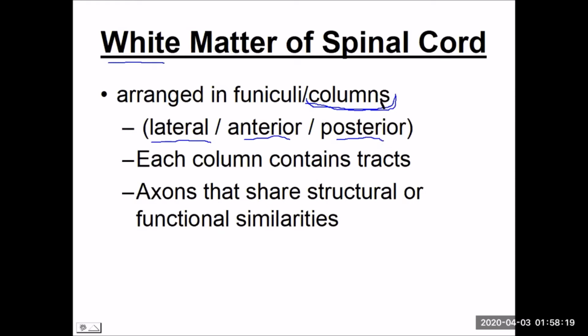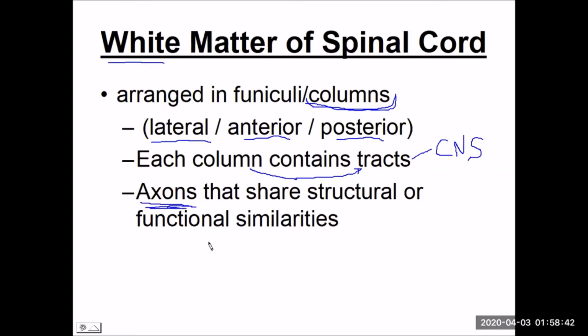A single column itself is made of multiple tracts. And again, that term, a tract, this is a bundle of axons, but by definition, tracts are only located in the central nervous system. So that bundle of axons, that's what comes together to make a tract.